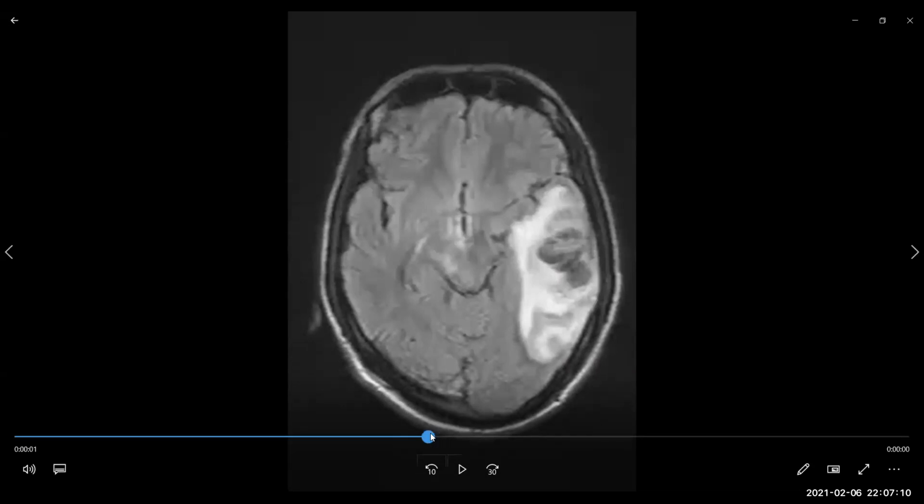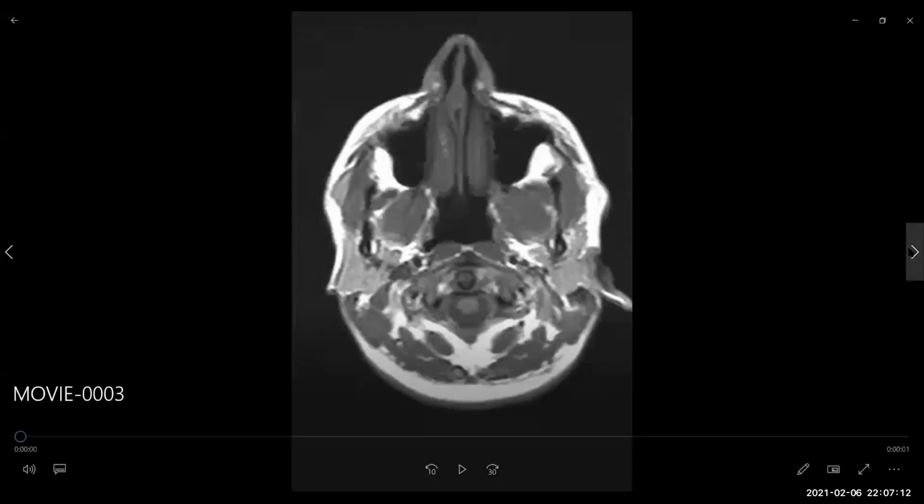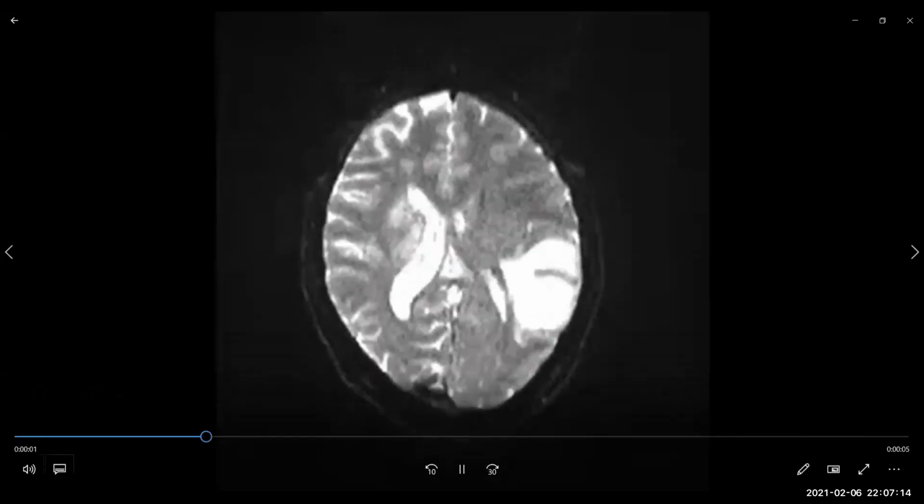Can I see the diffusion weighted images? So this is a T1 weighted image. This is the diffusion weighted image. There is diffusion hyperintensity, and this is ADC.